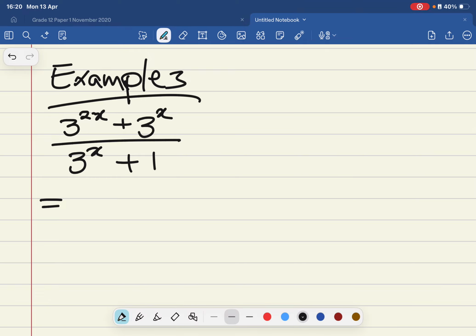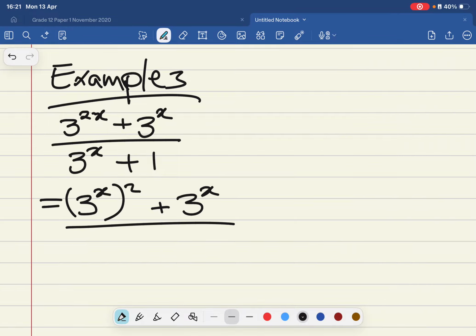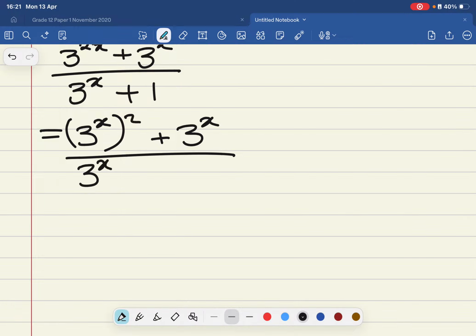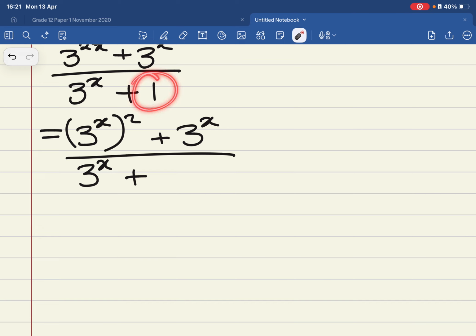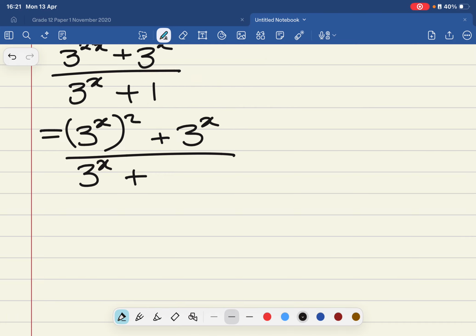It's going to be 3 to the power of x all squared plus 3 to the power of x over 3 to the power of x plus, remember that whenever you have something that equals 1, it's 3 to the power of 0. That gives us 1.